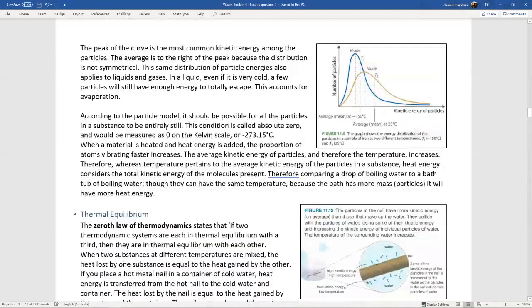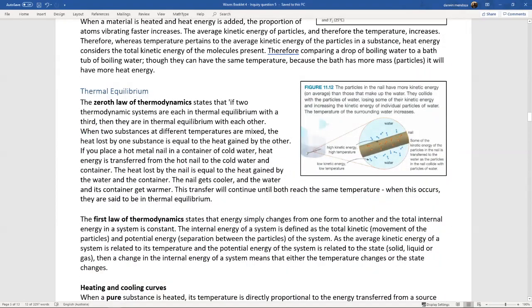Okay, let's go into the laws of thermodynamics. There are two laws of thermodynamics that you need to understand. You don't have to recite them word by word, but you need to understand what they're trying to encapsulate. The first one is the 0th law of thermodynamics, and it deals with thermal equilibrium. That is saying that when two substances at different temperatures are mixed, the heat lost by one substance is equal to the heat gained by the other.